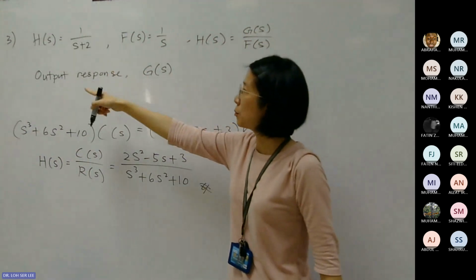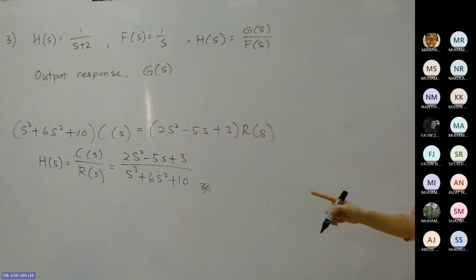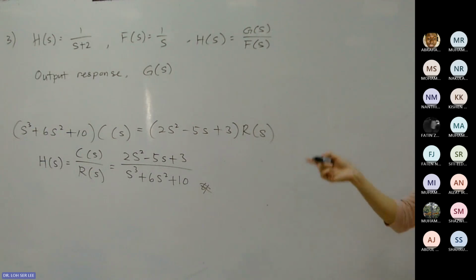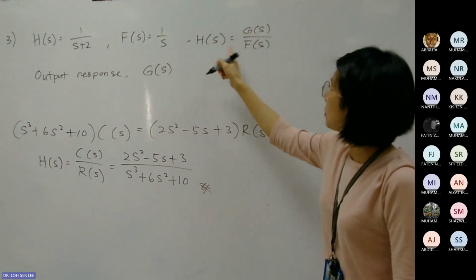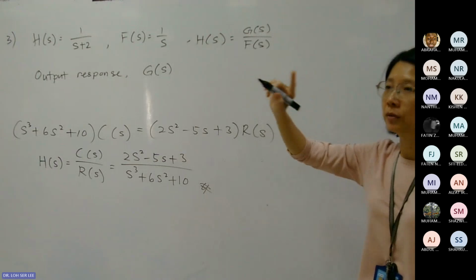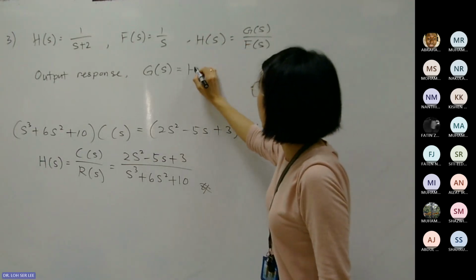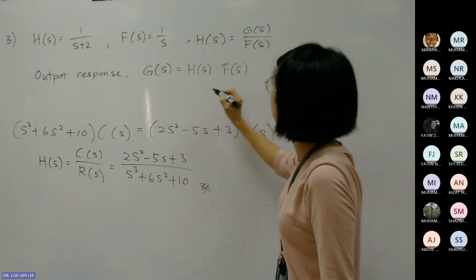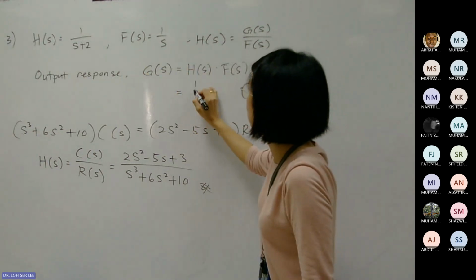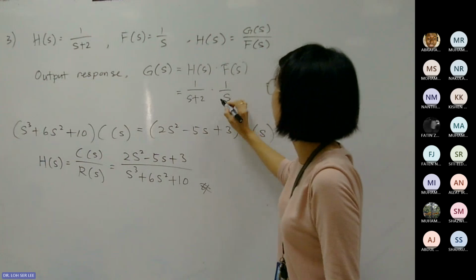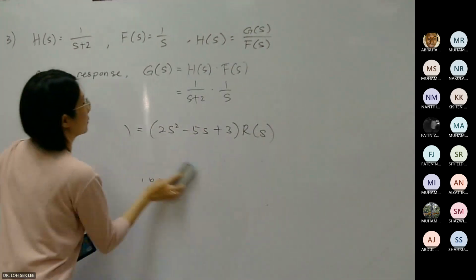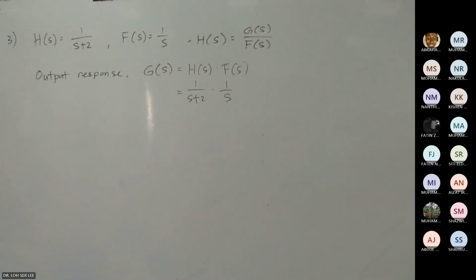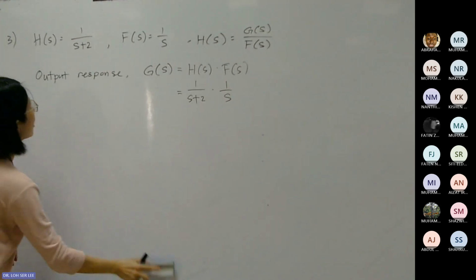Now we want to find what the output response is. Response means the impulse response function, the one that you have to carry out the inverse Laplace. So to get G(s), we have to multiply the H with the F. So H(s) multiplied to F(s), meaning that 1 over s plus 2 times 1 over s.